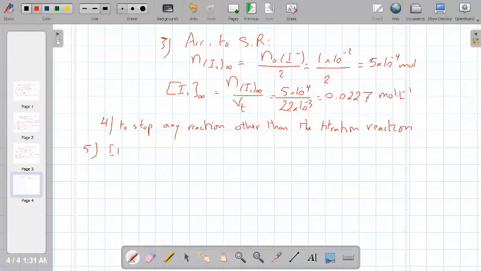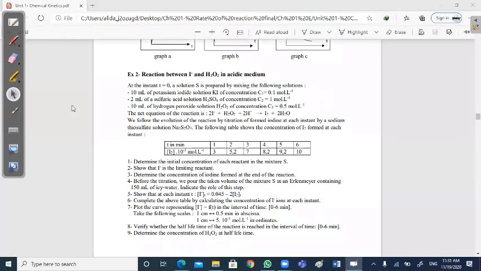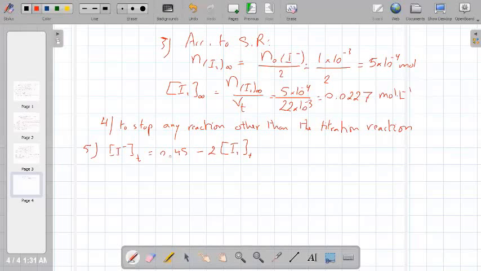Concentration of I minus at instant t equals 0.045 minus 2 concentration of I2 at instant t.